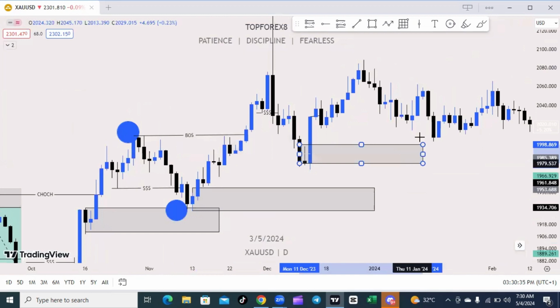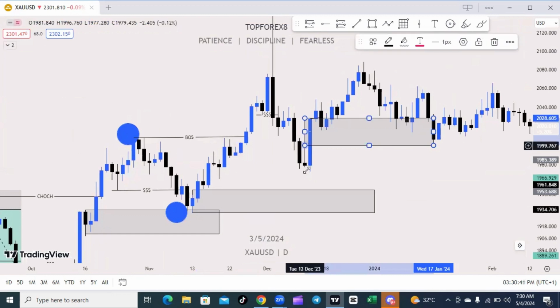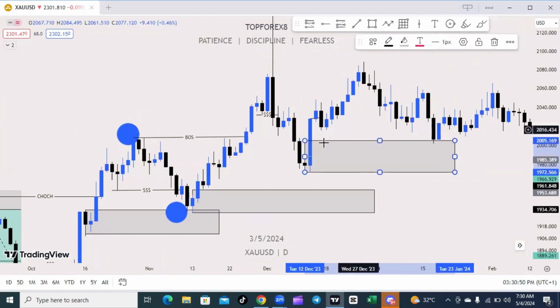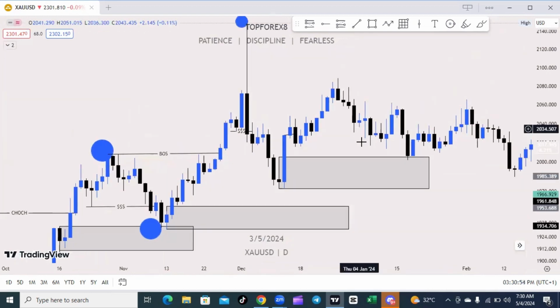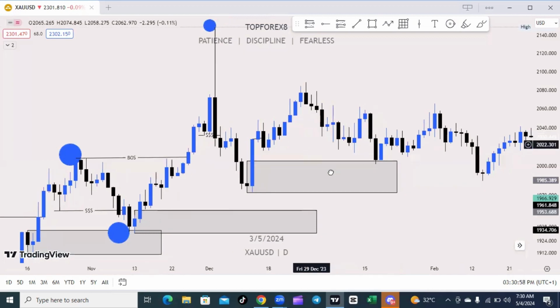Where can we buy from here? This is the candle. This is the only candle that actually does it. But I don't want to use the whole candle. I can use the 50%. That is how I used to do it. This kind of candle, 50% for the entry. So all I want to do is what?